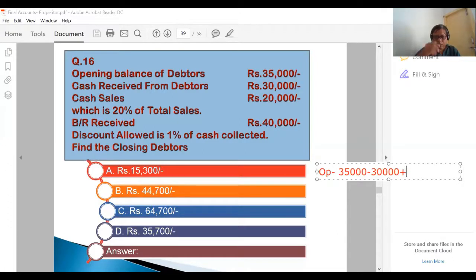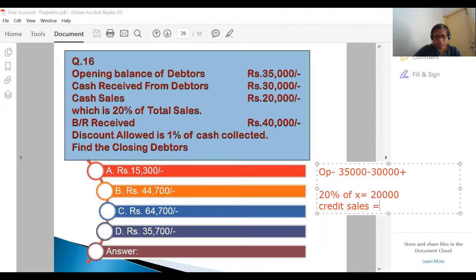How much is credit sales? 20% of X is equal to 20,000, as 20% is cash sales. So total sales is equal to 20,000 into 100 divided by 20, so total sales is 1 lakh.